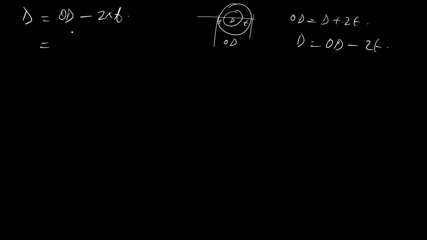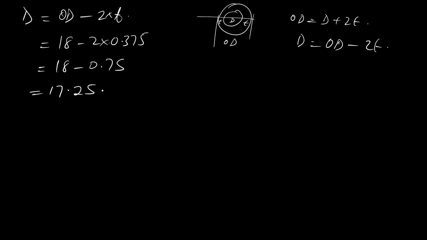So that is why it's like this. So 18 minus 2 times 0.375. 2 times this will give me 0.75. If you say 18 minus that, it will give you 17.25 inches.